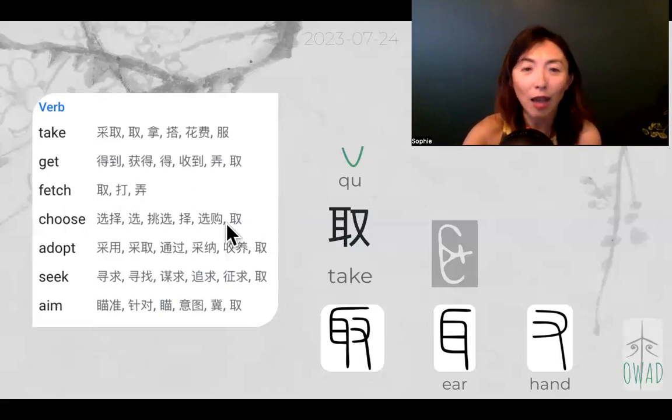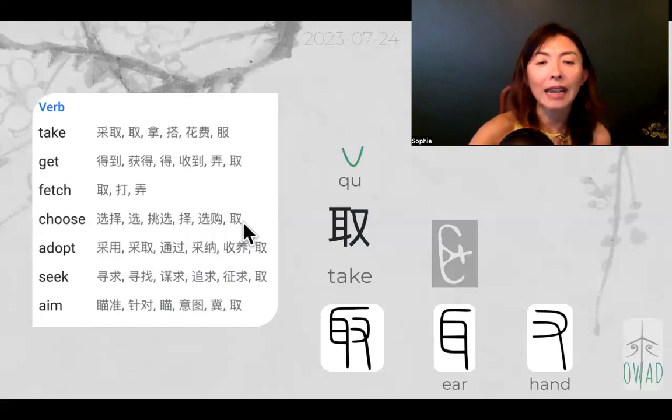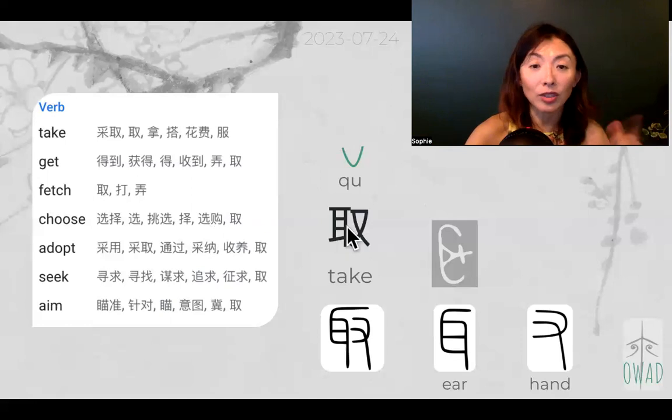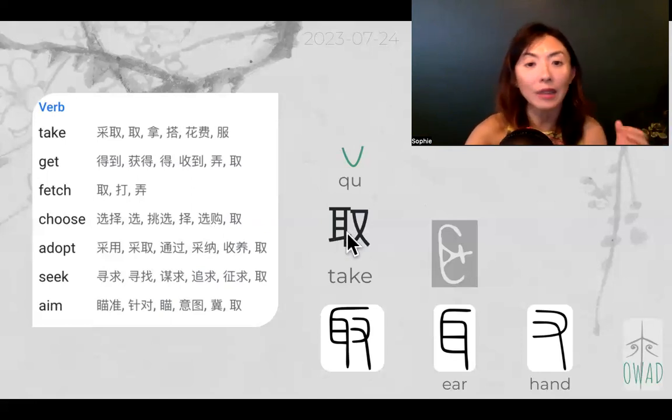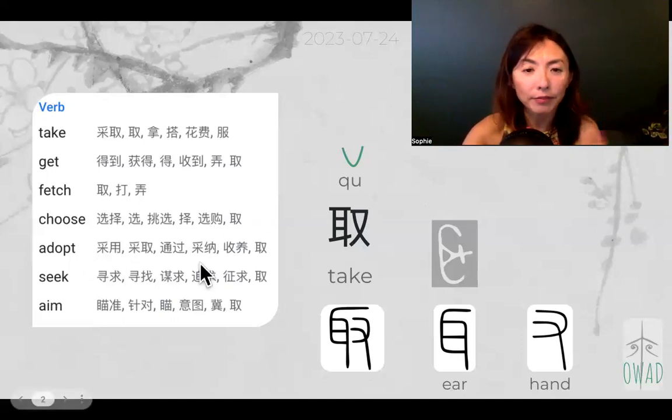取 can also mean choose. I guess you can choose who to kill. Sorry for the bad joke, but it's taking something. When you have multiple choices and you take one, that means choose. How can you tell? You can tell by the context. 取 can mean adopt as well.